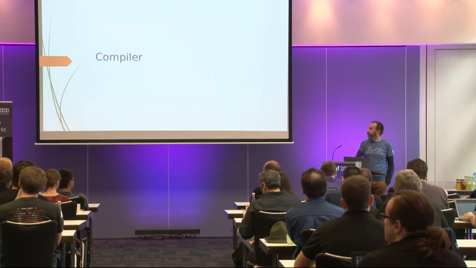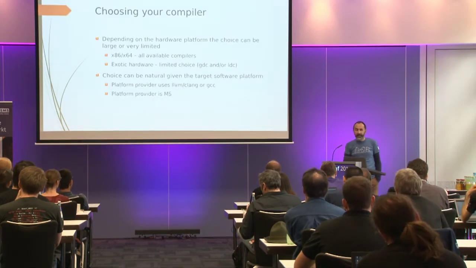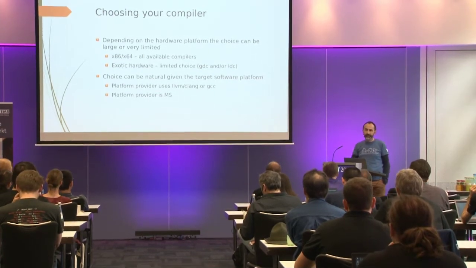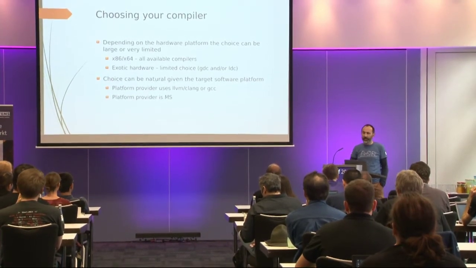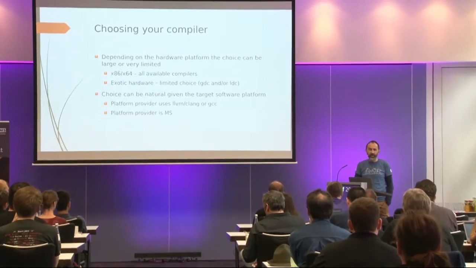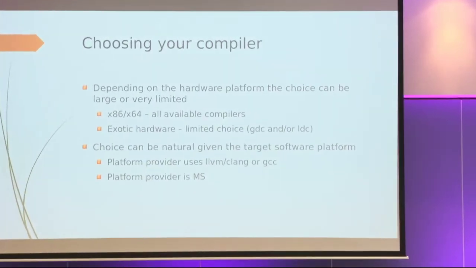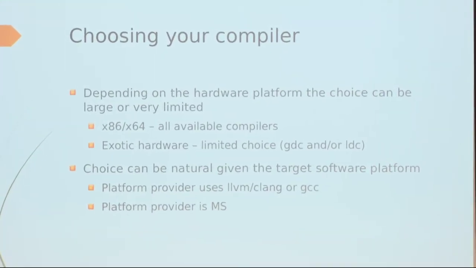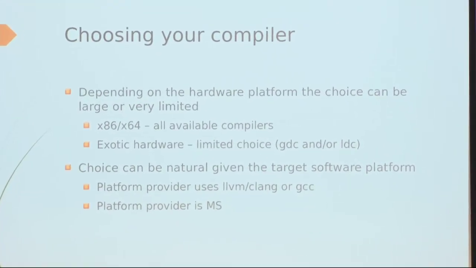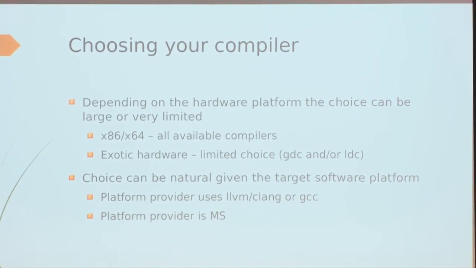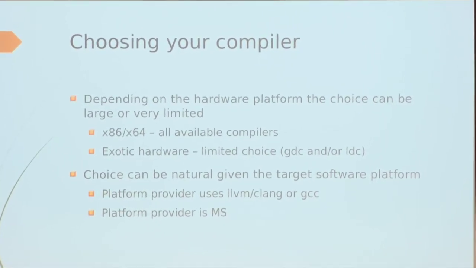So the compiler. The first decision to make when porting to a new platform is the compiler to use. In the general case, this is not a question since your platform provider usually provides the official toolchain, which includes the C++ compiler. But for D, depending on hardware, you can have more or fewer choices. The more exotic the hardware is, the fewer choices you will probably have.